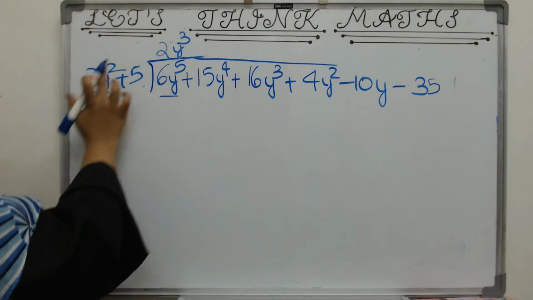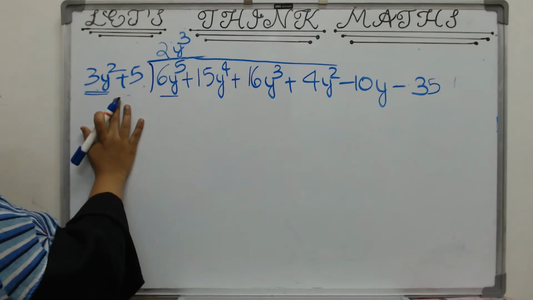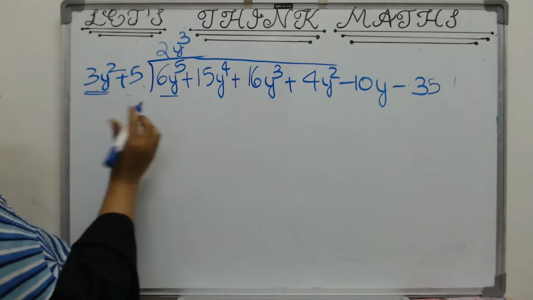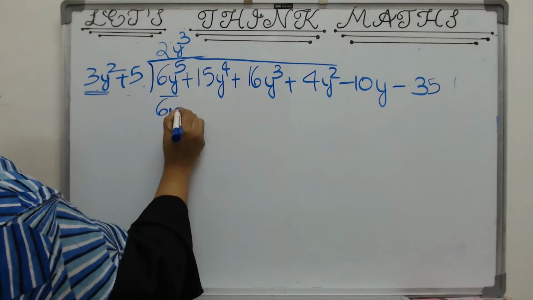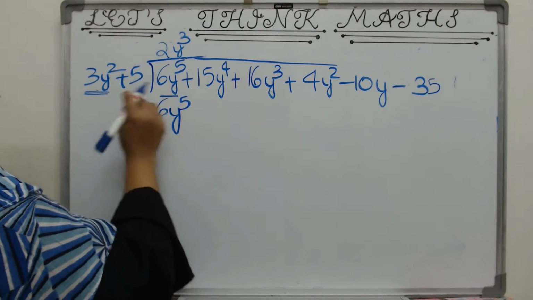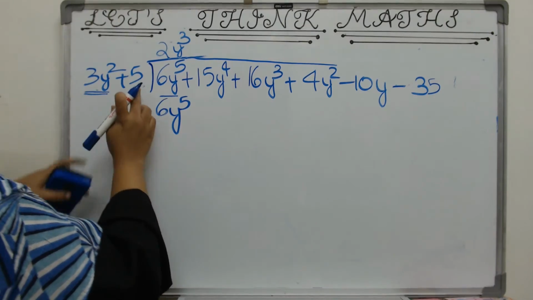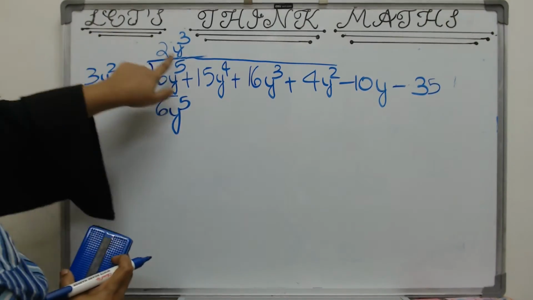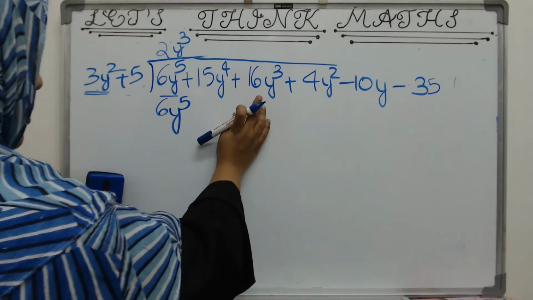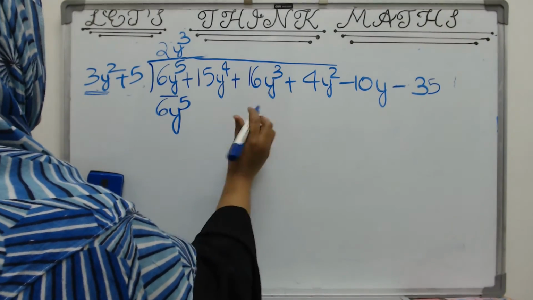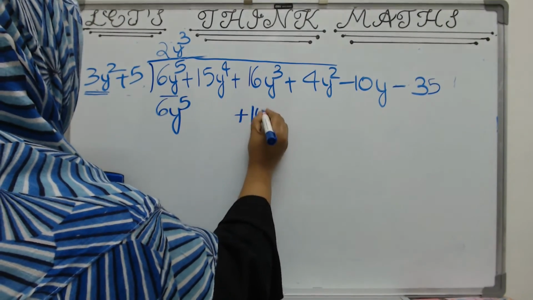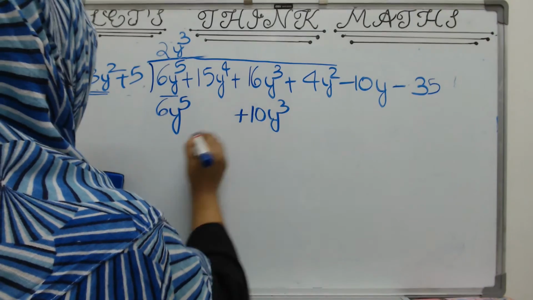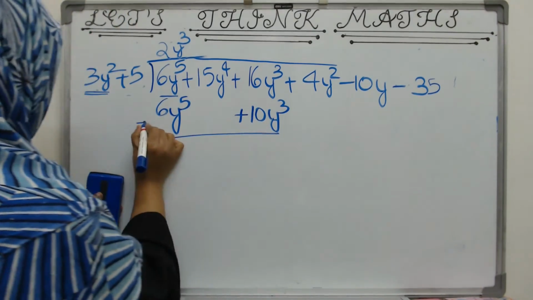And multiply each term by 2y cube. When you multiply the first term, you will get 6y raised to 5. And what will be the second one? It will be 10 but y cube. So where will you write? You see the y cube here? You have to write it here. 10y cube. And then subtract.